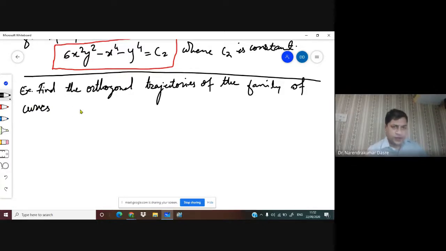So we have this family of curves 3x square y plus 2x square minus y cube minus 2y square is equal to constant. Okay, so that's what we have.